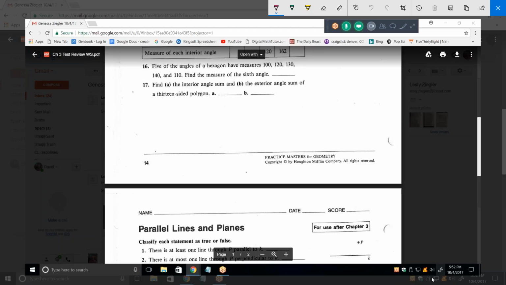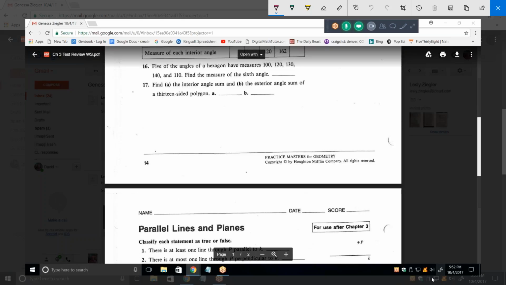A hexagon is how many sides? 6. Okay. What's the sum? How do you solve this? 16. You do a sub 1 or a sub n equals a sub 1.